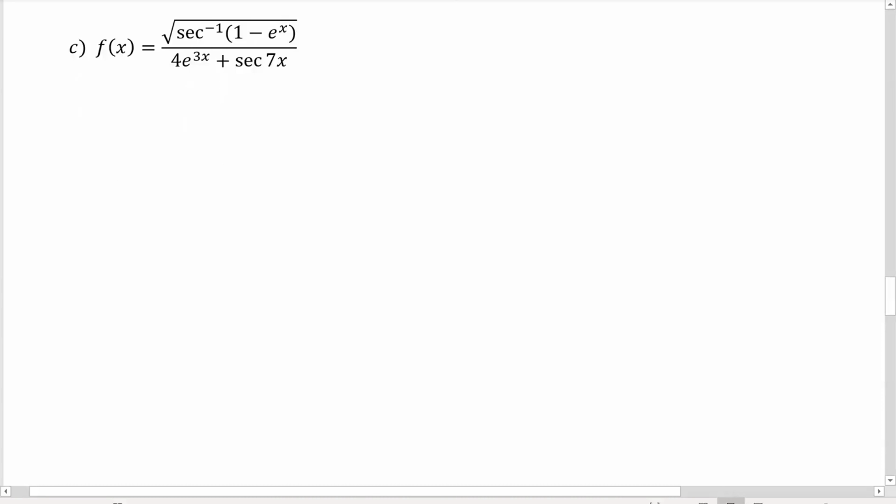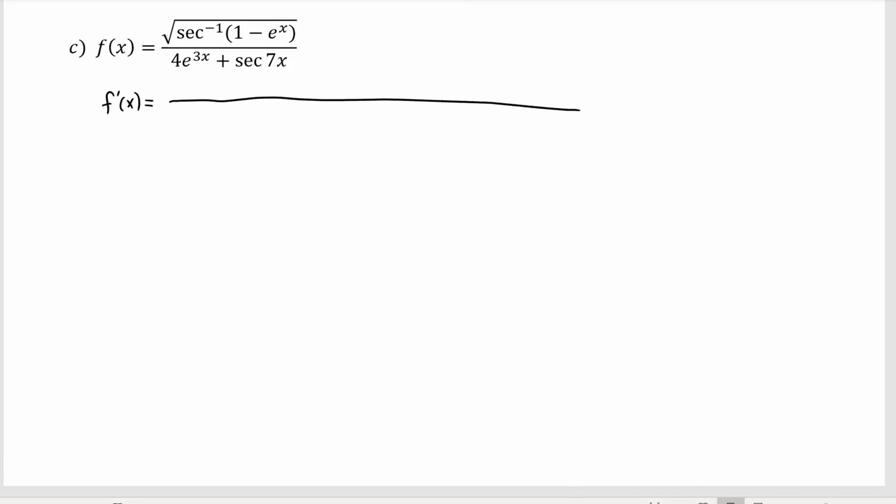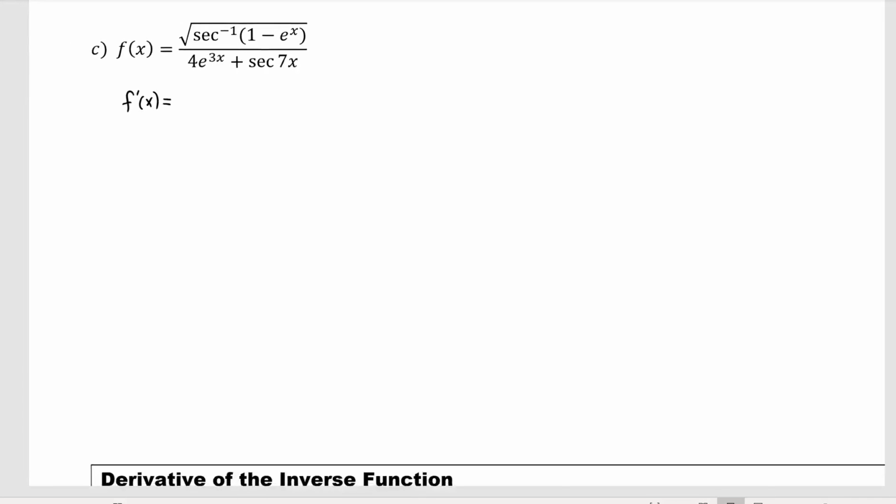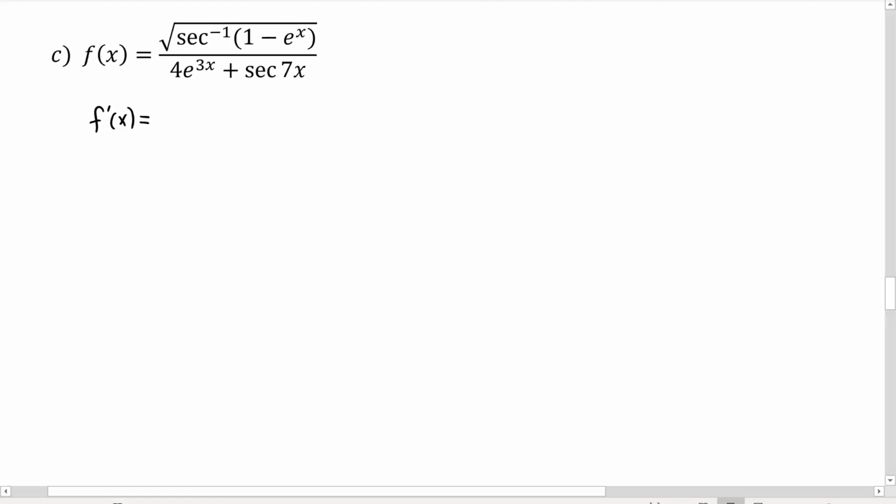Okay, so what is the format of this function? Something over something, right? So it is a quotient. So we use the quotient rule. Do you remember the quotient rule? Let's get more space. Okay, let's make it bigger.